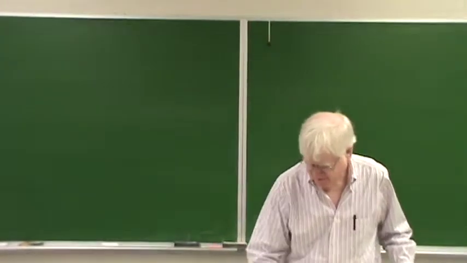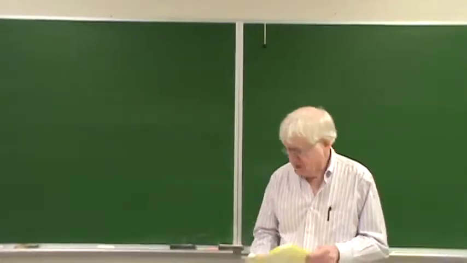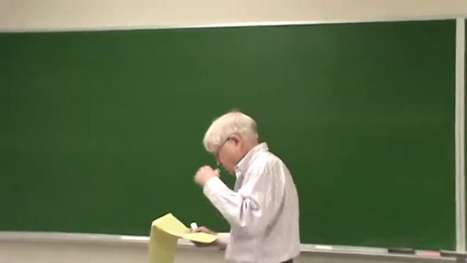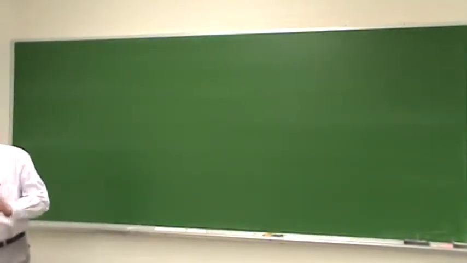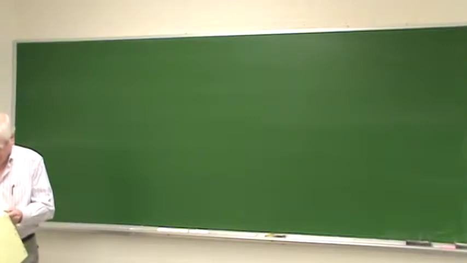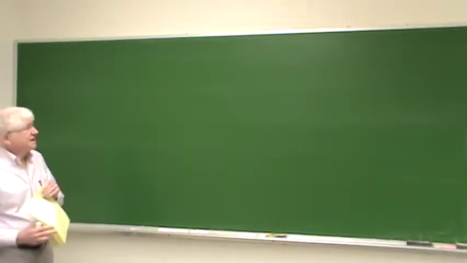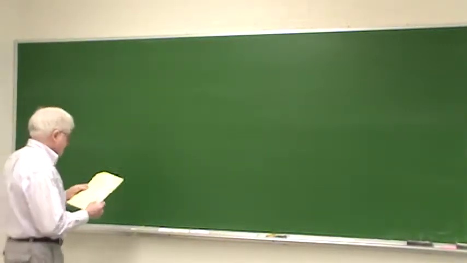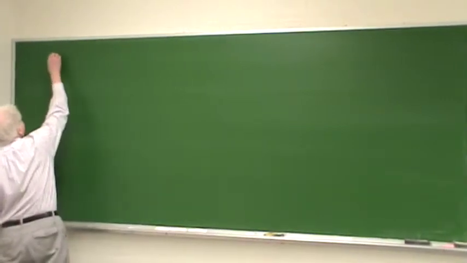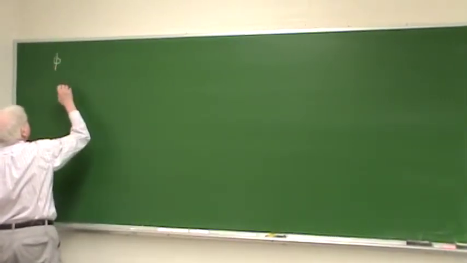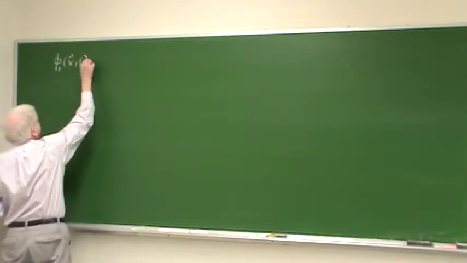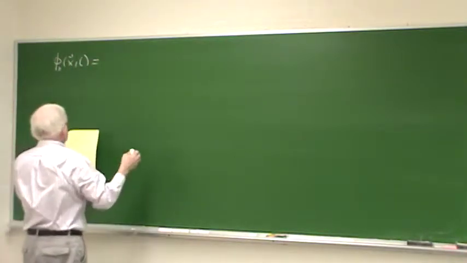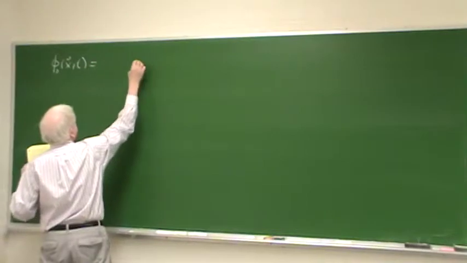Let's see if I can give a kind of overview of what we did last time. The key thing, I suppose, is that if we have a free field, then it evolves in time this way.